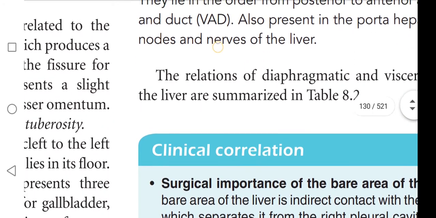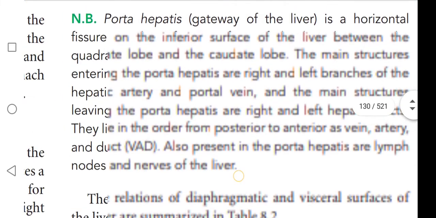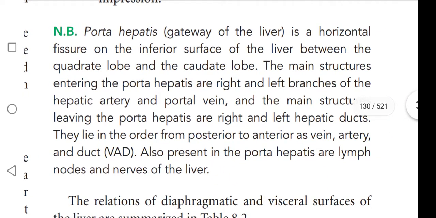Next, porta hepatis. We call the porta hepatis the gateway of the liver. It is a horizontal fissure on the inferior surface of the liver between the quadrate lobe and caudate lobe.